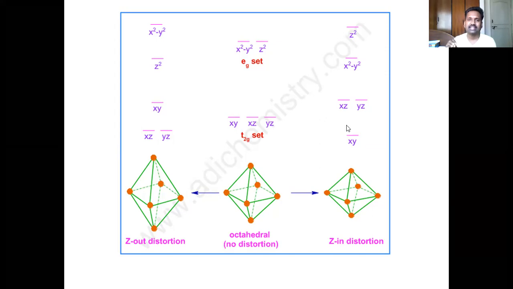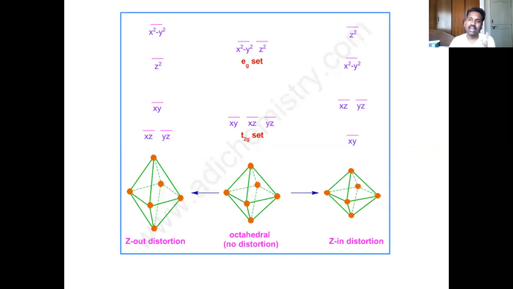That's what I have depicted in the center. You have T2g and Eg sets. Now, within the same octahedral field, can this degeneracy be removed one more time? Yes, due to Jahn-Teller distortions.